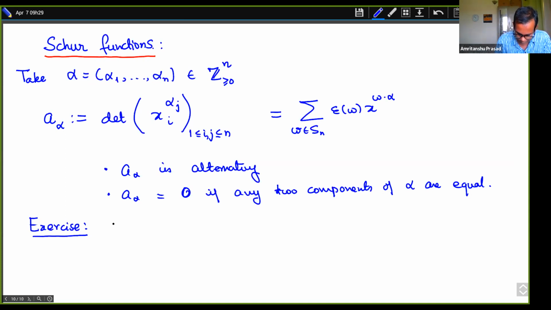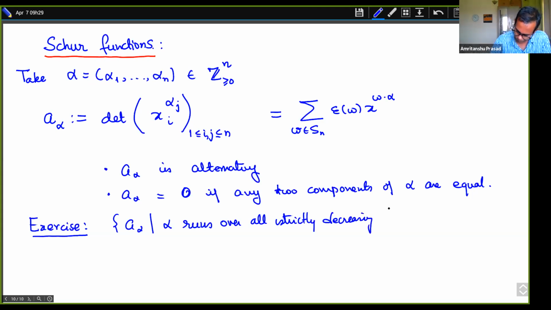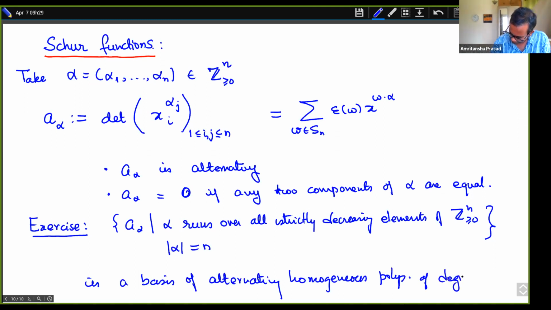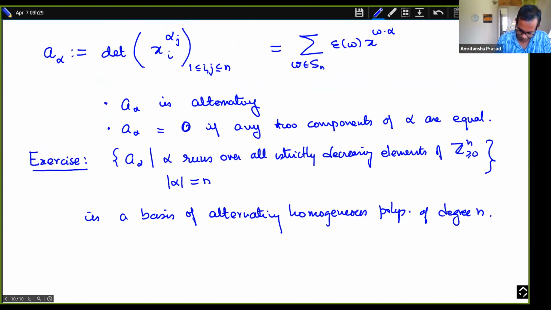So the exercise is that you show that if you take all A alpha, where alpha runs over all strictly decreasing vectors of this form, and the total sum is n, this is a basis of the set of alternating homogeneous polynomials of degree n. Okay, so that's an exercise.